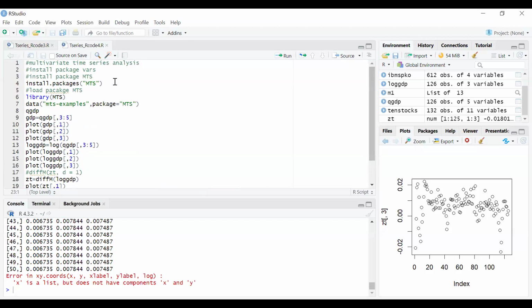Please, all of you, open that in your R Studio. Have you been able to open that file?